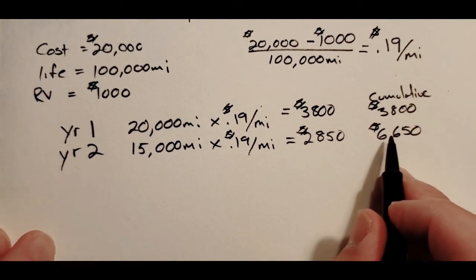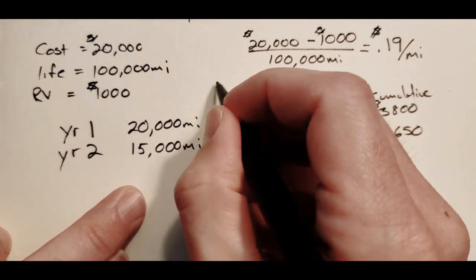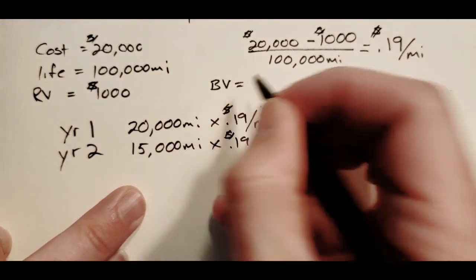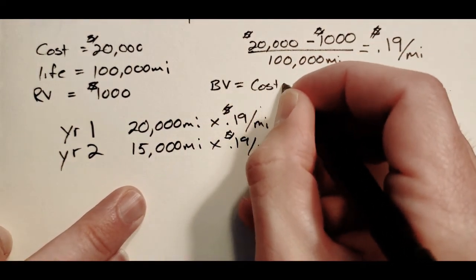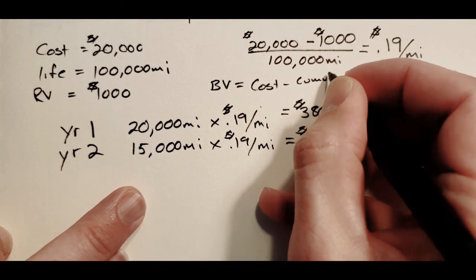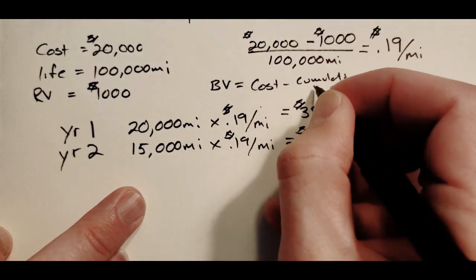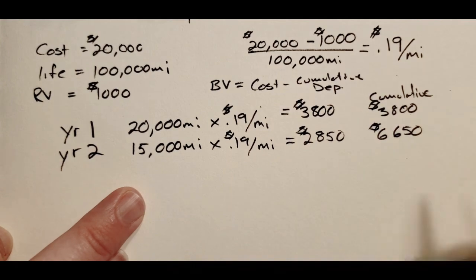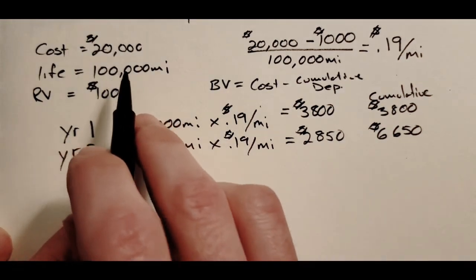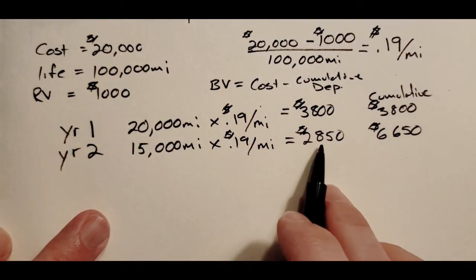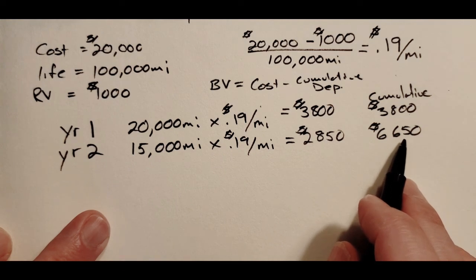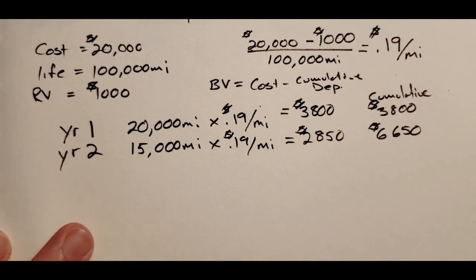And again, the book value is always the cost, so maybe I should write that here. Book value is always the cost minus the cumulative depreciation. So cost, which was again $20,000, minus the cumulative depreciation, $6,650, and you get your book value.